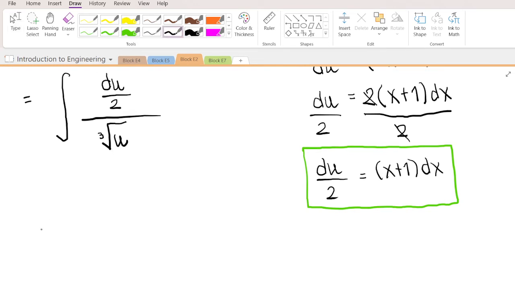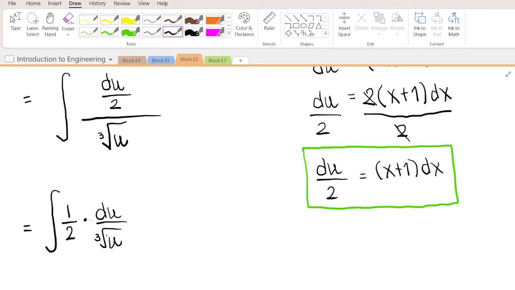So this becomes, the du over 2 is just like writing 1/2, and then you can bring that as a coefficient. And then this becomes times du over the cube root of u.